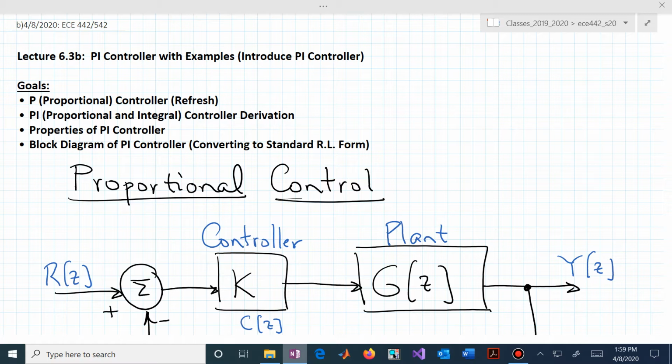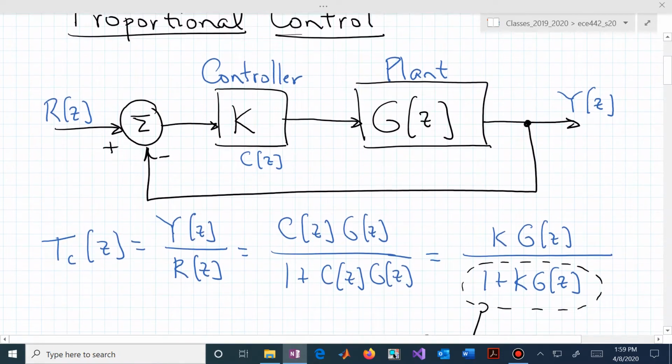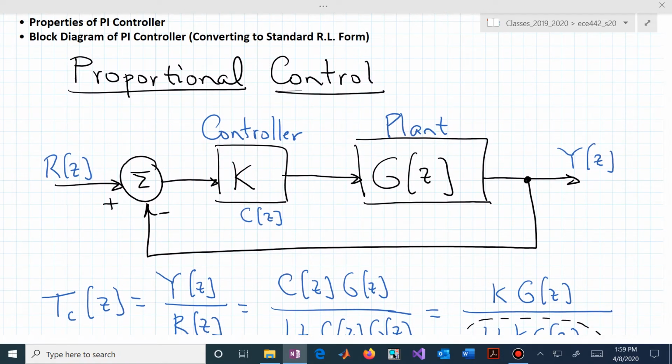We'll mention a couple of properties of the PI controller, and then we will start with the PI controller in a block diagram and show how we can convert to the standard root locus form, which is really illustrated here in the proportional control, where we isolate out the proportionality gain k from the rest of the poles and zeros.